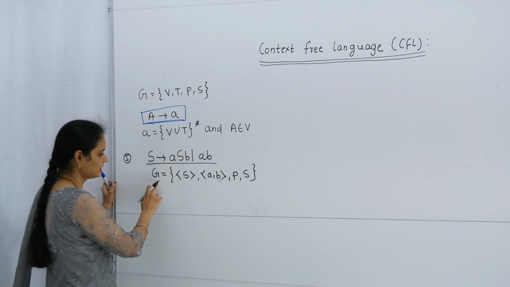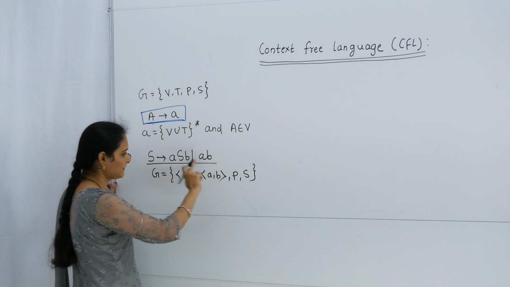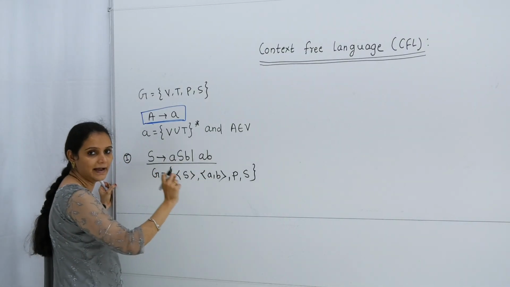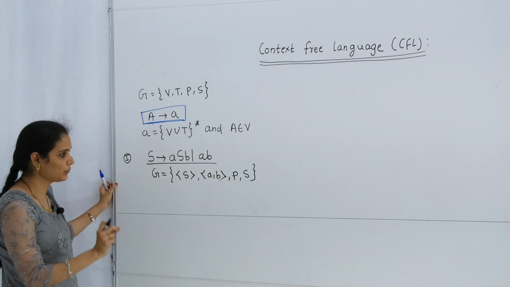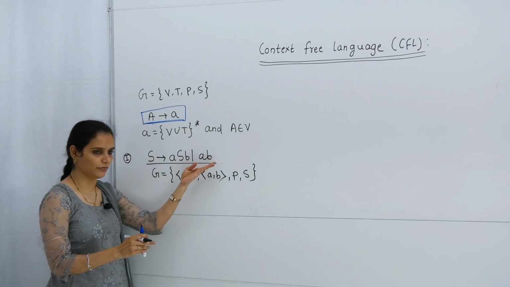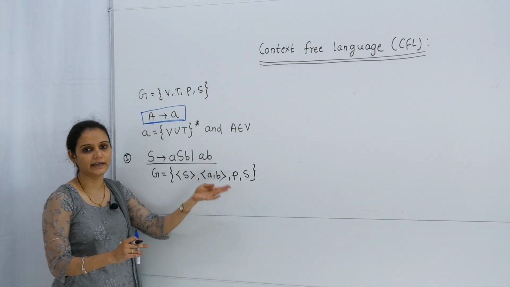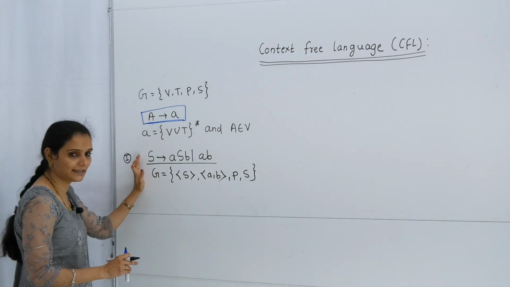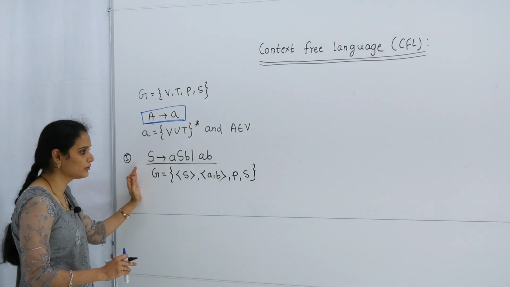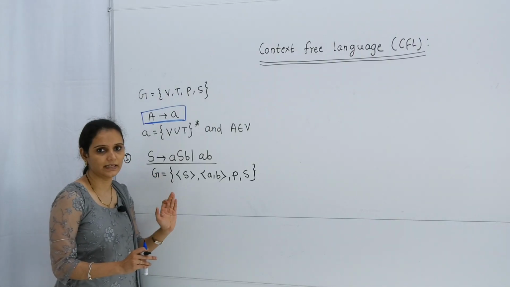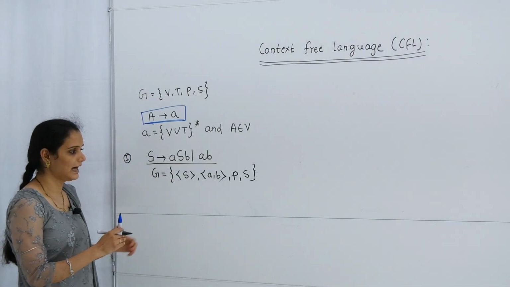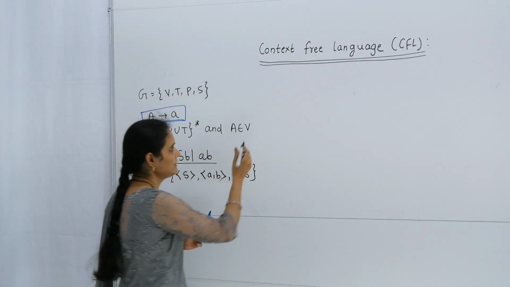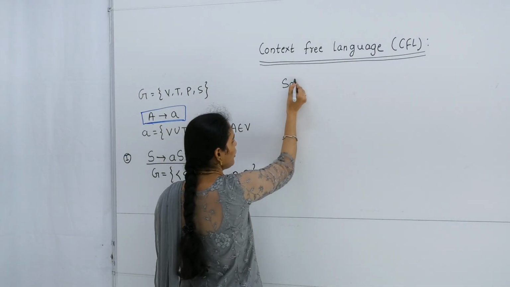So the grammar looks like this. The production rules are given, and what is our question? The question is: a context free grammar is given, identify its context free language. From that grammar we are going to derive the context free language. So students, how to derive that? We will see the solution here.